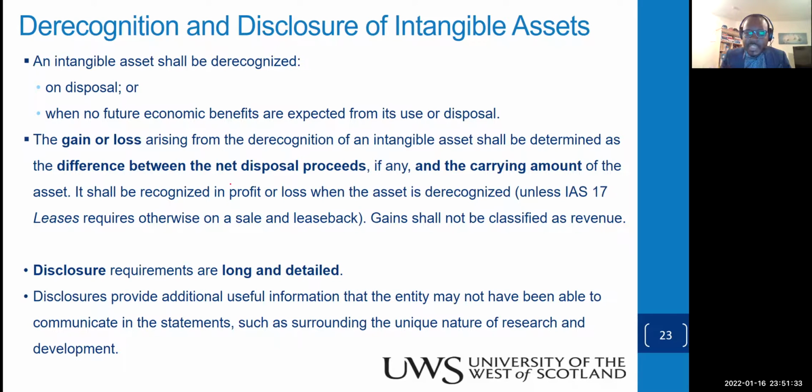So look at the fair value or whatever cost you have, less any amortization, any impairment, and then against the net disposal proceeds.